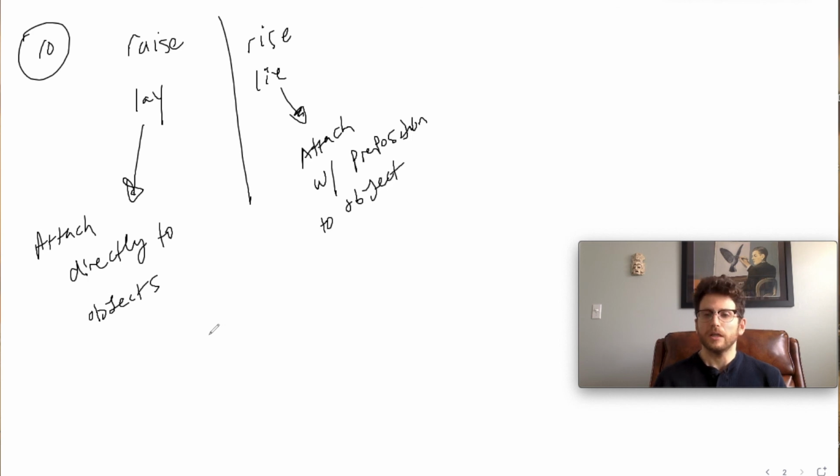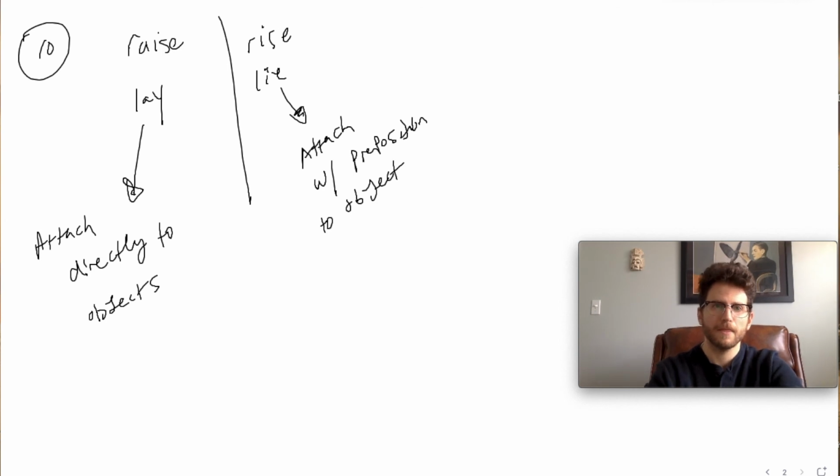Let me give you just 2 concrete examples, and then we'll end. He raised his hand, not he rised his hand. Raised is attached directly to the object, his hand. Okay.